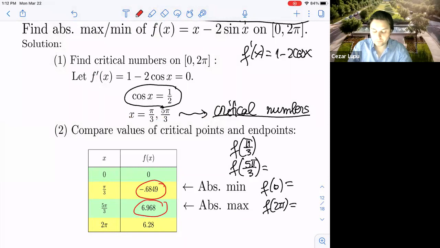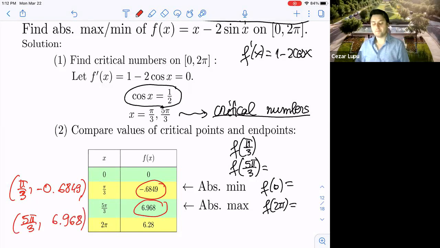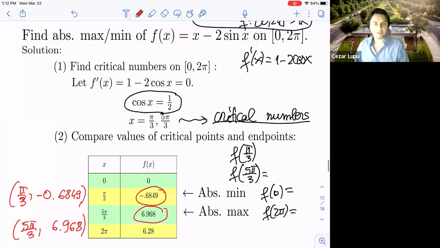So the lowest point on the graph has coordinates pi over 3, negative 0.6849, and the highest point on the graph is 5 pi over 3, 6.968. Okay, is this exercise clear?